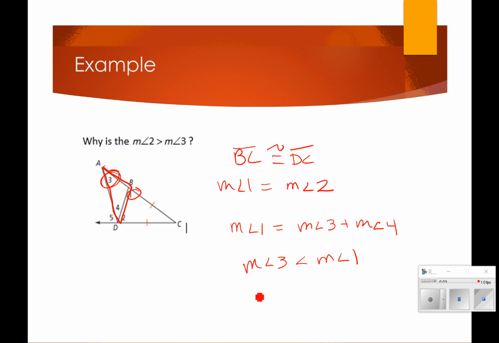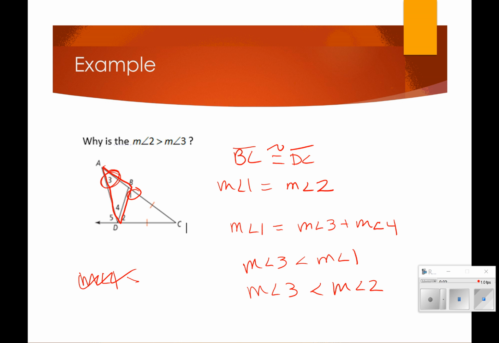And since angle 1 and angle 2 are congruent, we can substitute in angle 2. So the measure of angle 3 is going to be less than the measure of angle 2. I just wrote it backwards.